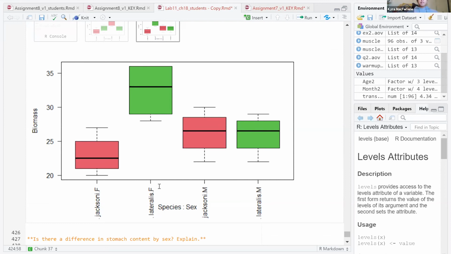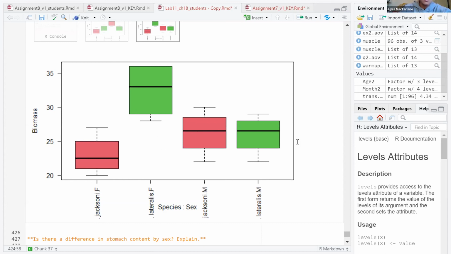So we can see the exact same pattern here actually by sex. So if we kind of averaged females together, it'd be around here. If we average males together, it'd be around here. There wouldn't be a difference between the two of them. So no difference between sex. By species, if we averaged E. lateralis for males and females together, it'd be maybe around here. If we averaged stomach content biomass for E. jacksoni for females and males, it'd be around here.